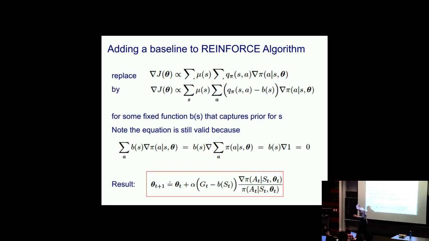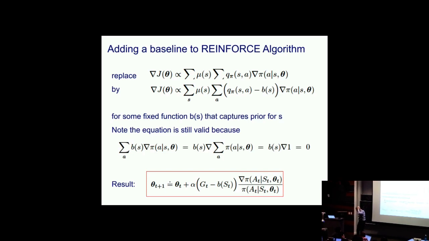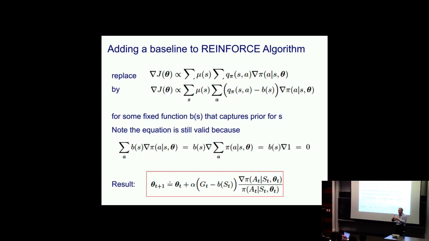Katerina spoke about this earlier. She used the term advantage function for learning, instead of q or v directly, learn the difference. There we defined the advantage function as the difference between the value at the current state and the value at the next state. But here we're going to do something similar.